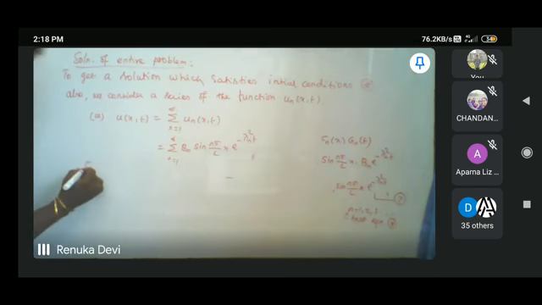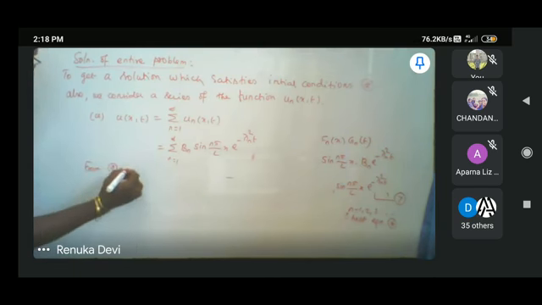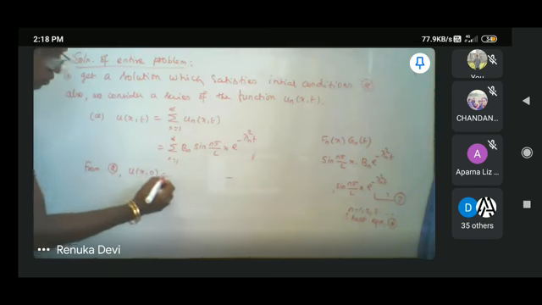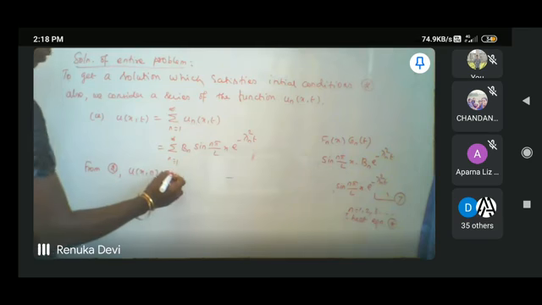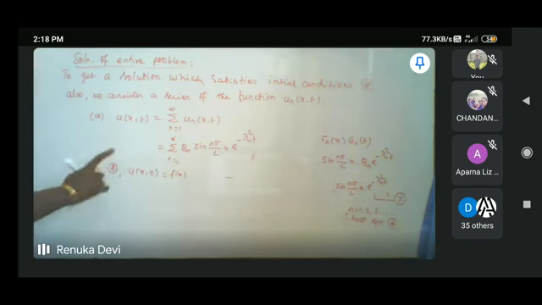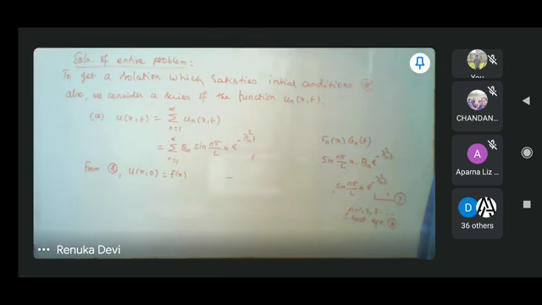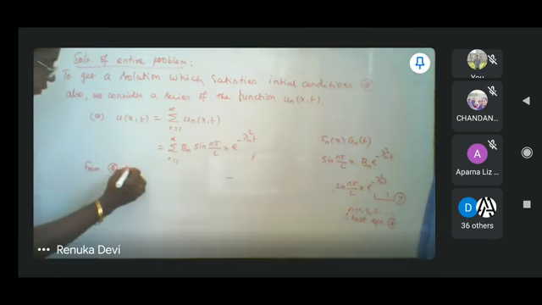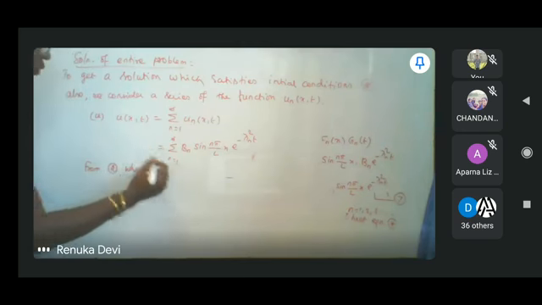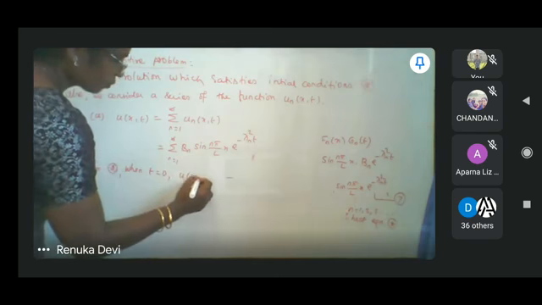So from 2, what do you get? u of x comma 0 is f of x, isn't it? Okay, from 2, when t equal to 0, u of x comma 0 equal to this.